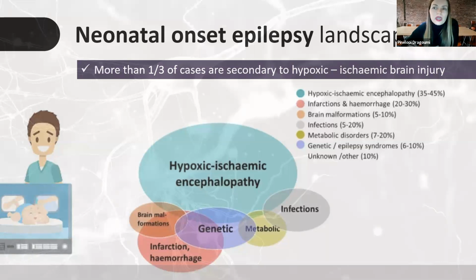So we have mostly symptomatic, as we would call them, seizures in the neonates, and the higher percentage of them is due to hypoxia and also hemorrhage due to prematurity or some infection, and a smaller percentage is due to brain malformations. And the amount of neonates that can be diagnosed with a genetic epilepsy is much lower.